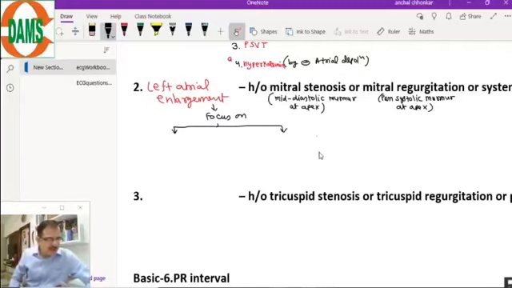how systemic hypertension causes the left atrial enlargement. Systemic hypertension first will cause left ventricular hypertrophy, giving a pressure on the left ventricle, and the pressure of the left ventricle will go to the left atrium because the pressure goes retrogradely because of systemic hypertension.